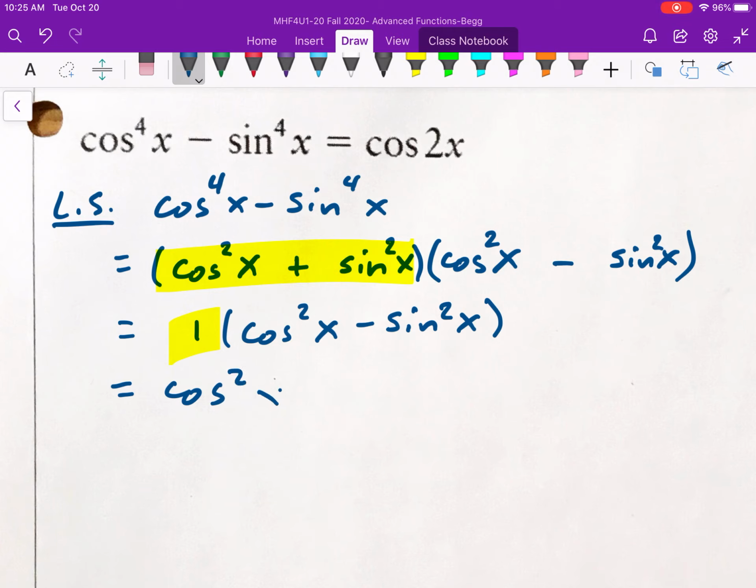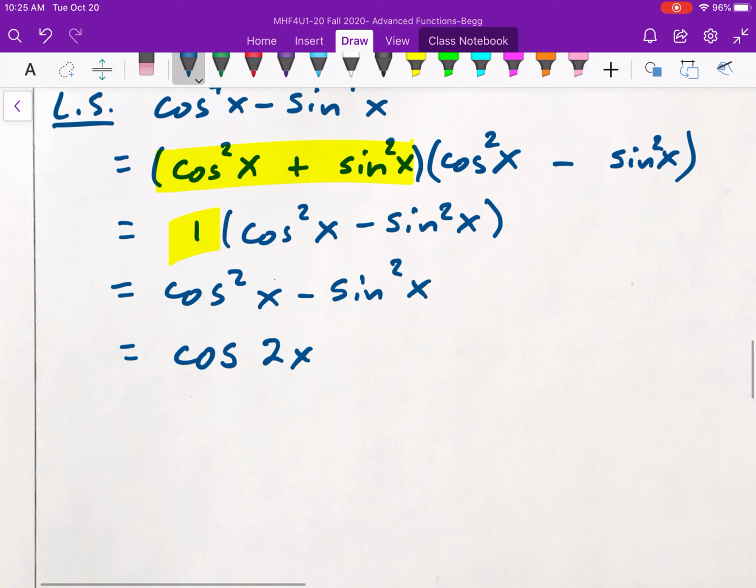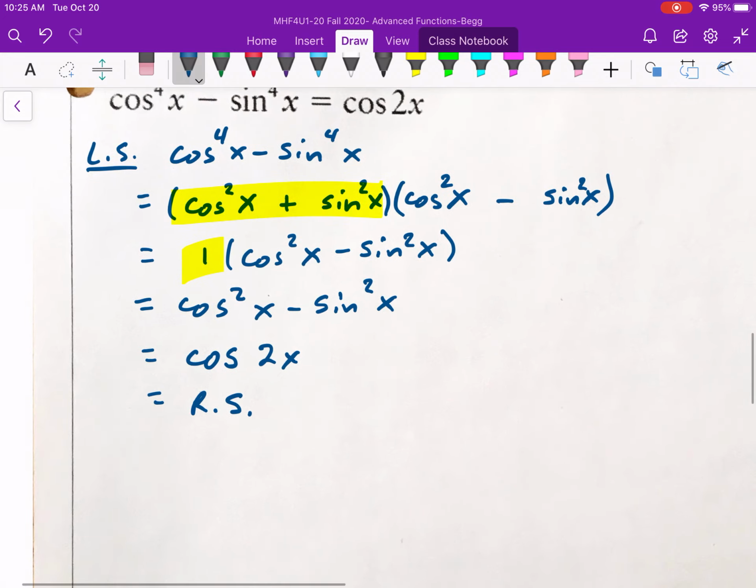And that was one version of our double angle formulas. That was the first version that we just looked at a moment ago. So that's equal to cos 2x. Cos 2x is equal to cos squared x minus sine squared x. And so we've proven, once again, that the left side equals the right side. And we're done.